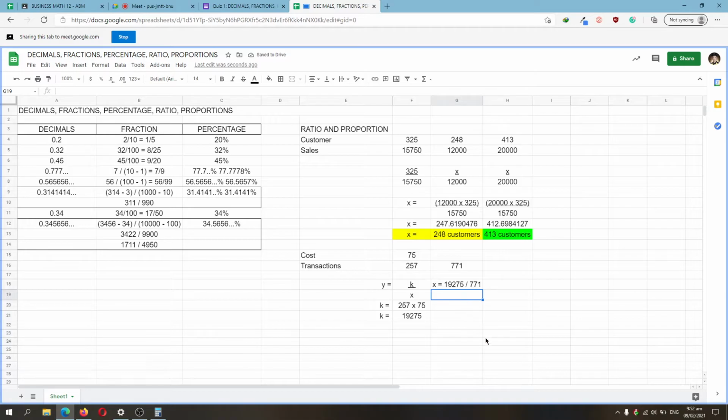So, that is equivalent to x is equal to, so, ano yung sagot pala natin dito? That is x equal to 19,275 divided by 771. We have 25. So, 25. As you can see, nag-increase yung transaction nung nag-decrease yung cost. That is indirect.